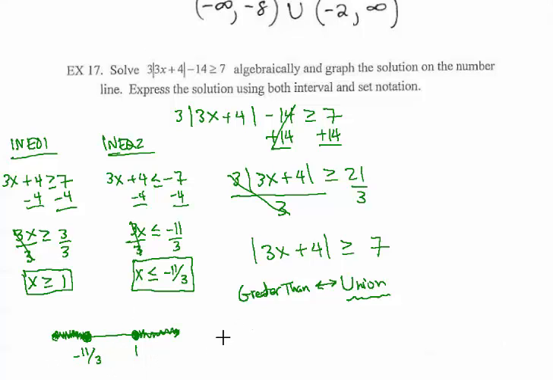If we were to write it in interval notation, we would write negative infinity to negative 11 over 3, bracket, because they are solid dots, we have the equal to dashes. Then after the bracket we put our union symbol, another bracket for the 1, and then we end our interval notation with a positive infinity and a parentheses.